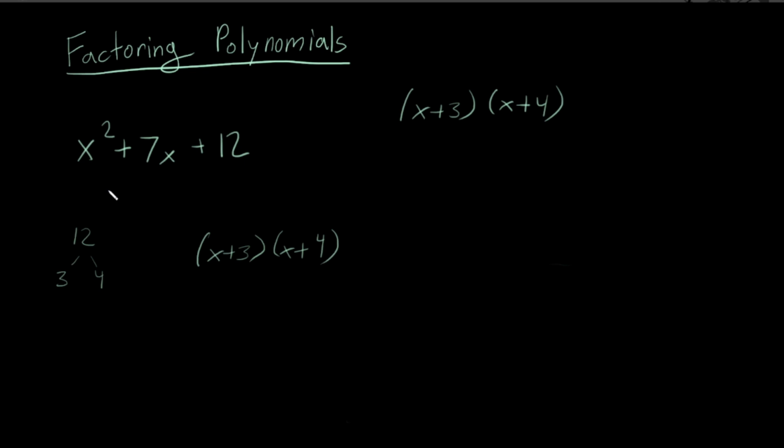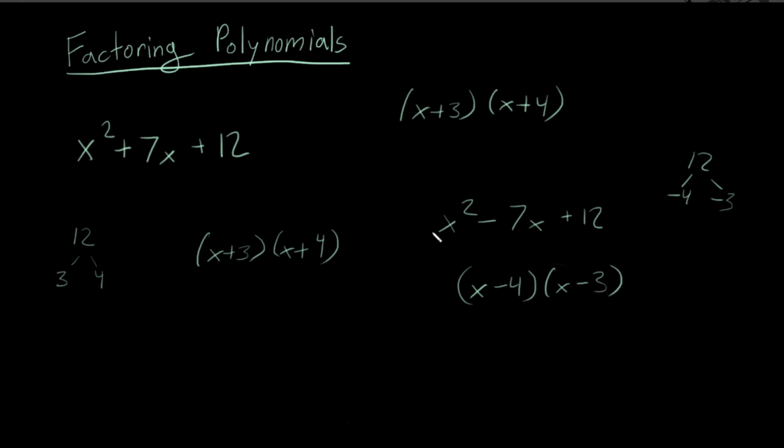That's the same thing with negatives. So if we switch this to, let's go over here, x squared minus 7x plus 12. 1 times 12, our product has to be 12. However, now I know it can be negative 4 and negative 3. So then right away I know my answer is probably x minus 4, x minus 3.